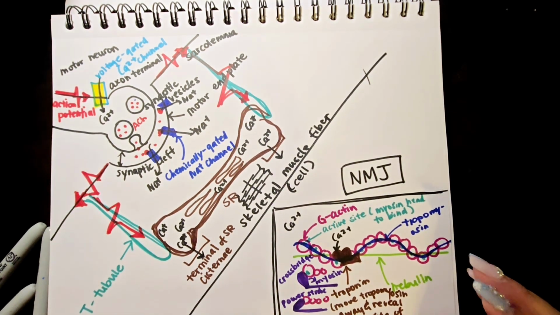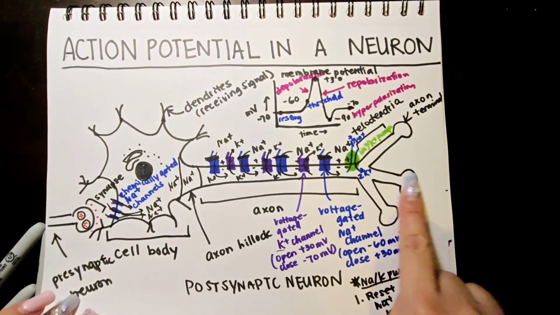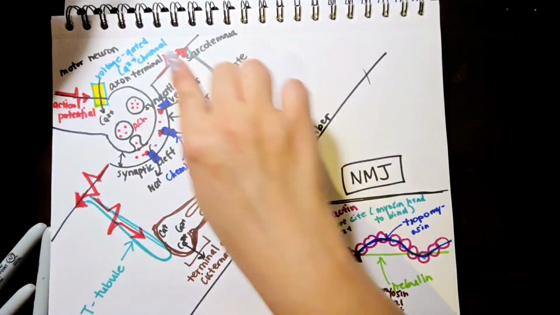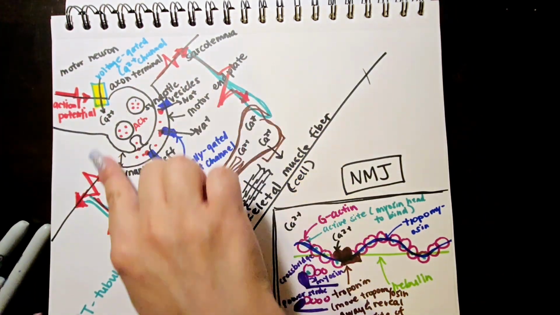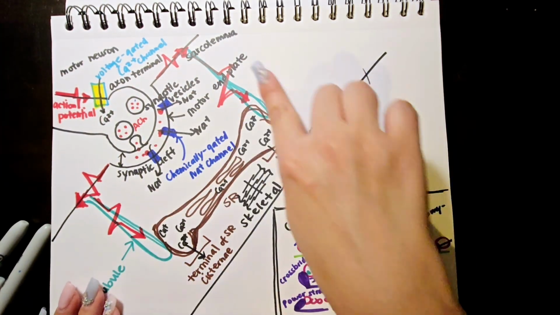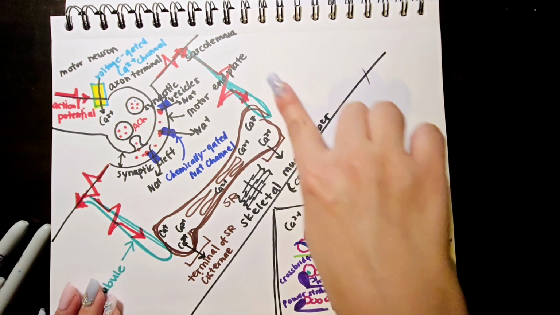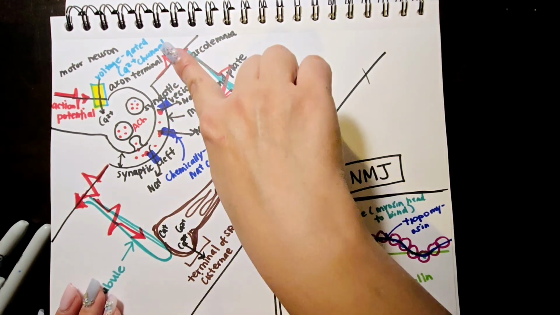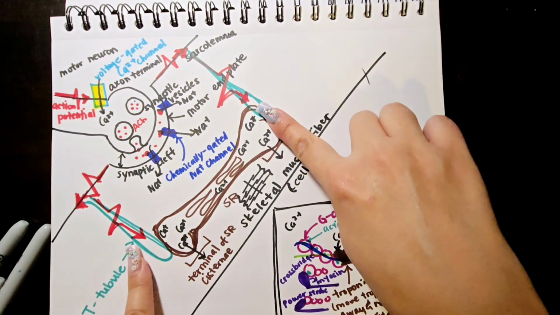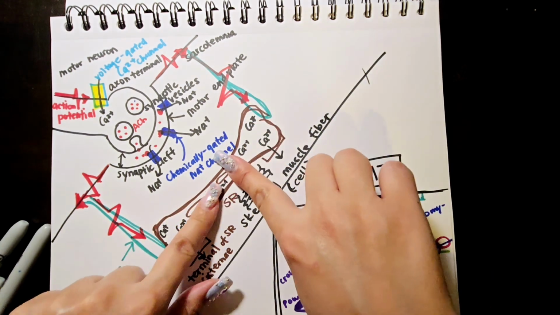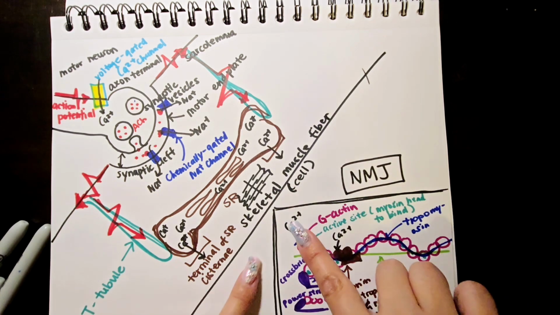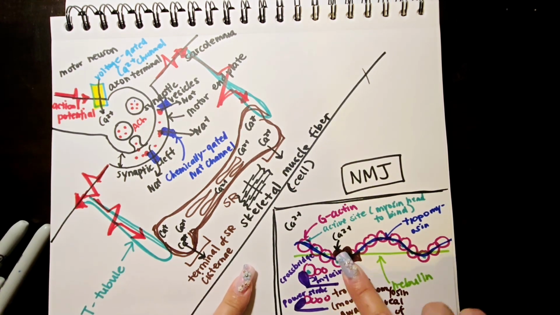Remember, you have the action potential happening down the length of the neuron, and then what's happening at the NMJ, the neuromuscular junction, and excitation contraction coupling happens in here, where the action potential moves across the sarcolemma down the t-tubule, causing calcium ions to be released from the SR into the sarcoplasm. That calcium can then bind to troponin.